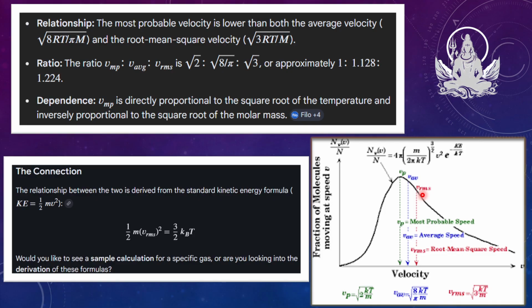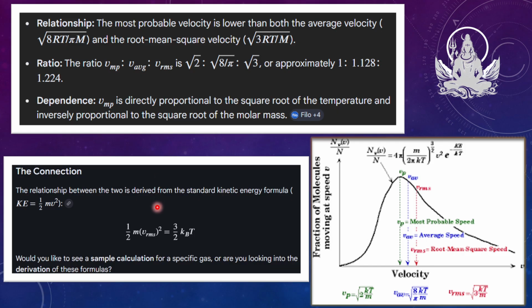Then they will ask you what is then the V average. So by knowing the relationship between Vrms and V average, which is nothing but this one, that's the ratio between these two, one could solve the problem.